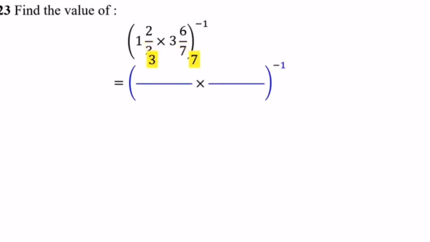So we will take the denominator down first. So the 3 and 7 remain. Then the top one you have to take 1 times 3 plus 2, which is 5, isn't it? Can follow?